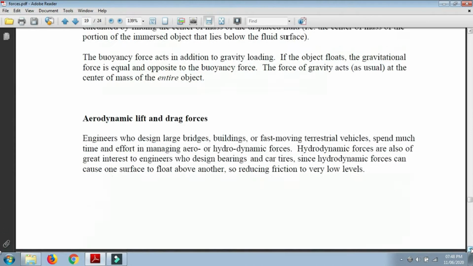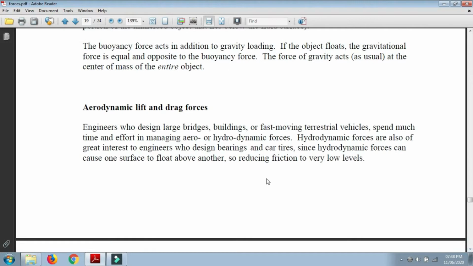The aerodynamic lift and drag forces. Engineers who design large bridges, buildings, or fast moving vehicles spend much time and effort managing aerodynamic and hydrodynamic effects of forces. Hydrodynamic forces are also of great interest to engineers who design bearings.